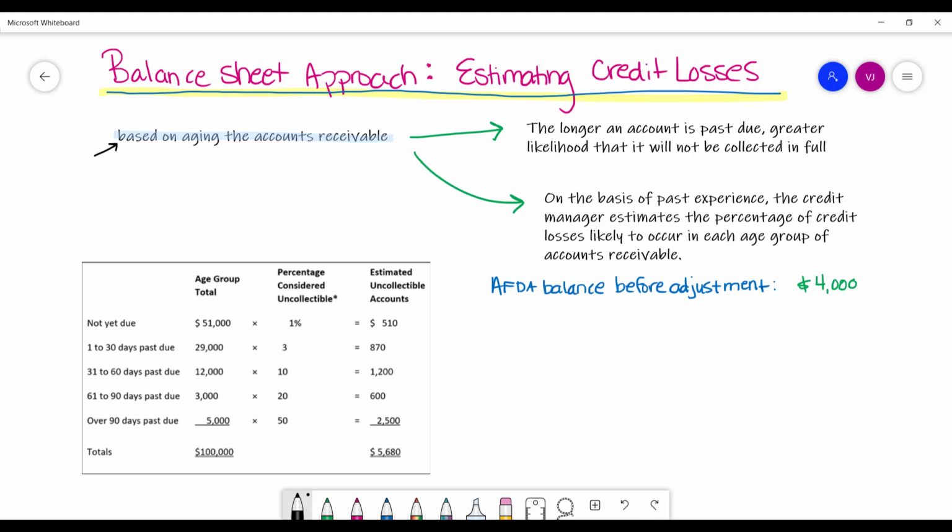So here we're looking at a total accounts receivable balance of $100,000. What management will do is break up that $100,000 of accounts receivable into different age groups.